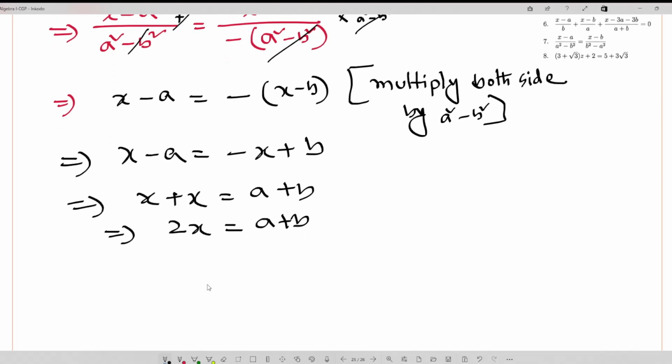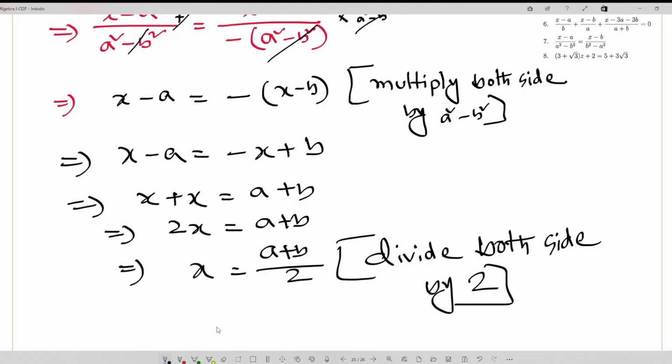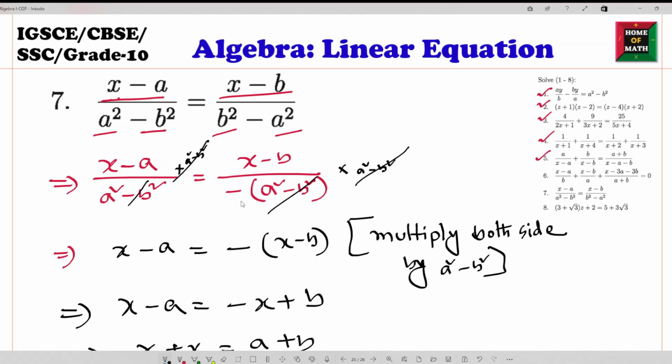Now divide both sides by 2, so x equals (a plus b) divided by 2. Okay, done.